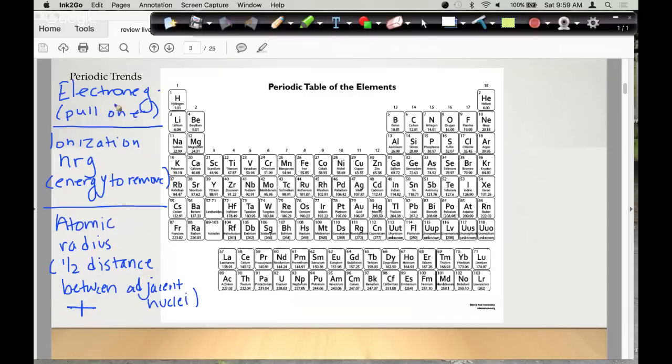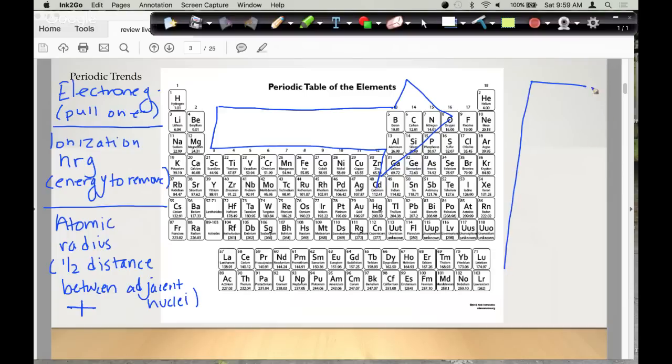So these are the three things that we tend to measure: atomic radius, ionization energy, and electronegativity. And we have trends for going across, and we have trends for going down a group.